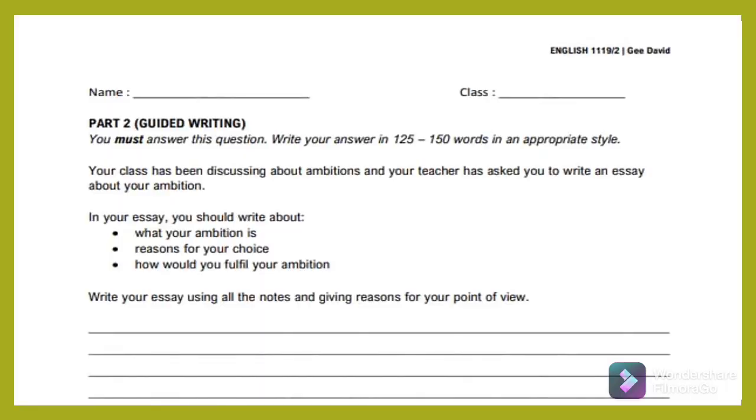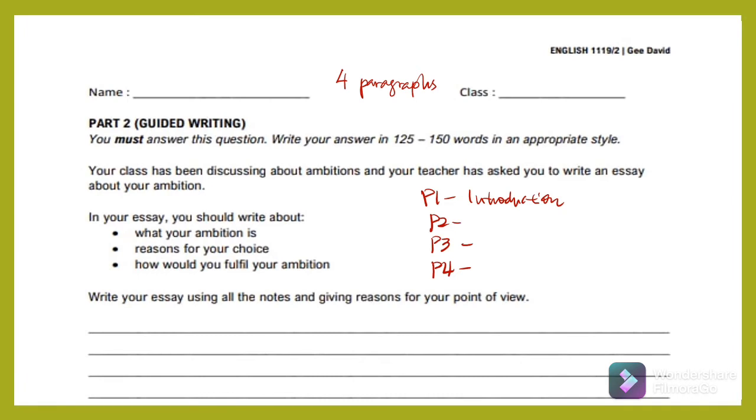Alright, now that you know how to start your introduction, your first paragraph, let us now check what to write for your second, third, and also fourth paragraph. Remember, you are supposed to come up with 4 paragraphs. So paragraph 1 is your introduction, and then paragraph 2, paragraph 3, and also paragraph 4.